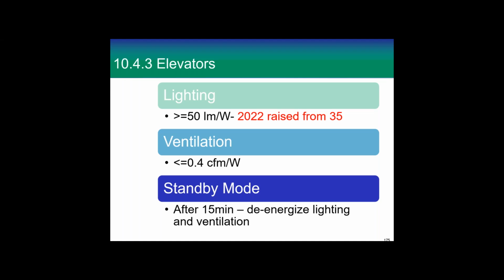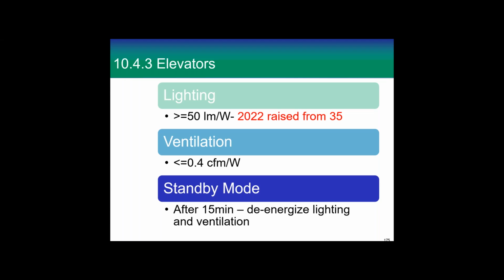But the lighting subcommittee came and said that they believed that was too low for an elevator. So we've actually increased the allowance for the lighting in an elevator in 2022 up to 50 lumens per watt. Now, for ventilation, we require just 0.4 CFM per watt. That's the efficiency of the fan. It's got to produce 0.4 CFM for every watt or more.